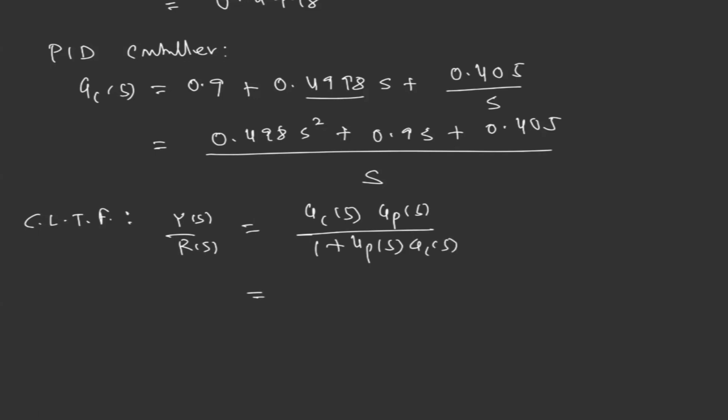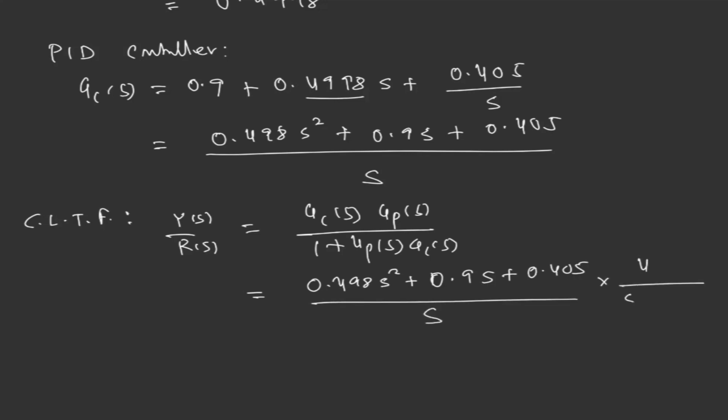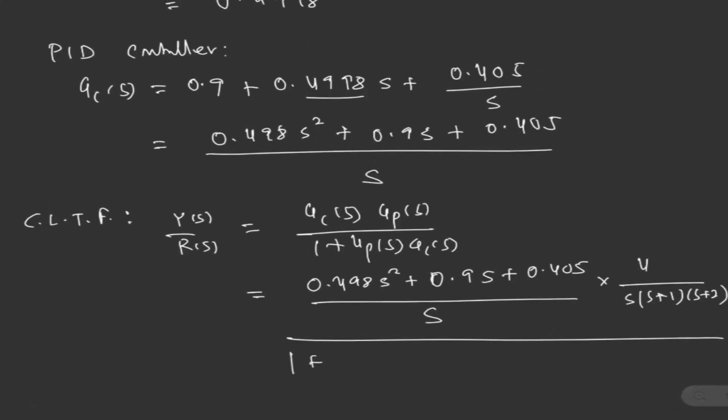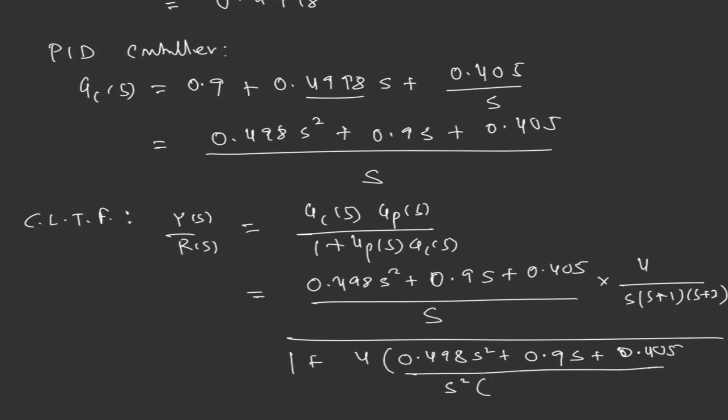Substituting the values for Gc(s), we get 0.498 s squared plus 0.9 s plus 0.405 divided by s, into 4 by s(s plus 1)(s plus 2), divided by 1 plus 4 into 0.498 s squared plus 0.9 s plus 0.405 divided by s squared (s plus 1)(s plus 2).